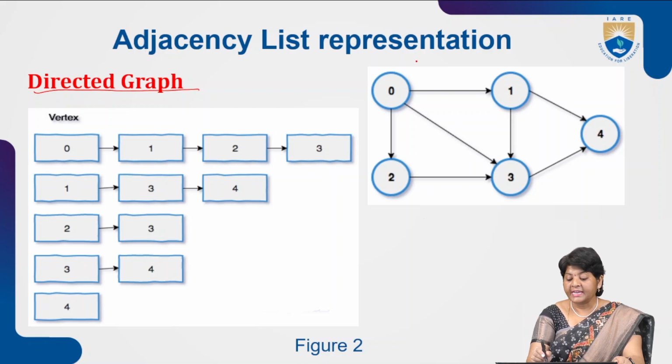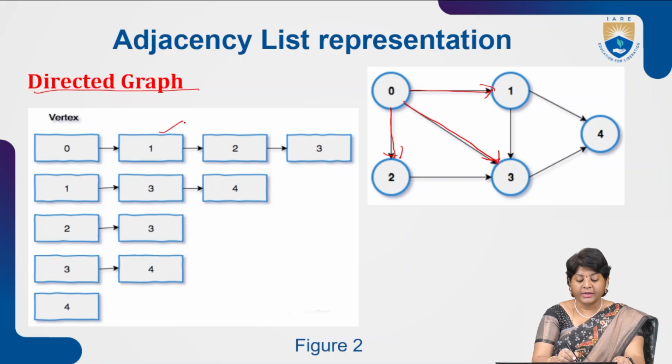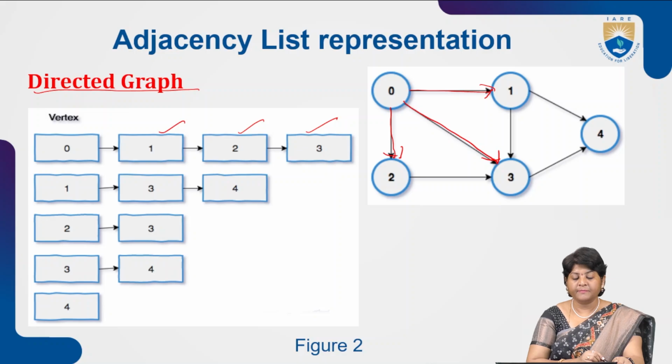Now here is a graph with again 5 vertices which are connected. 0 to 1, the direction is given from 0 to 1 and 0 to 2 and 0 to 3. So for vertex 0, the vertices 1, 2, 3 are neighbors.